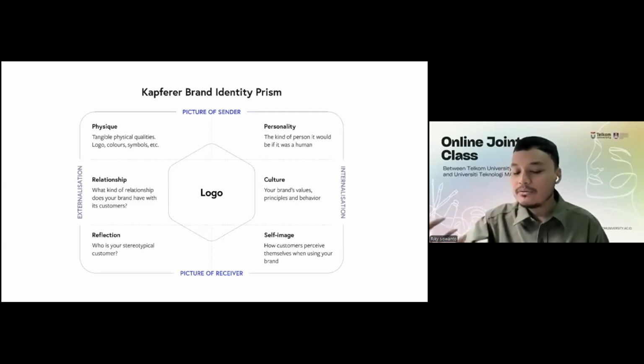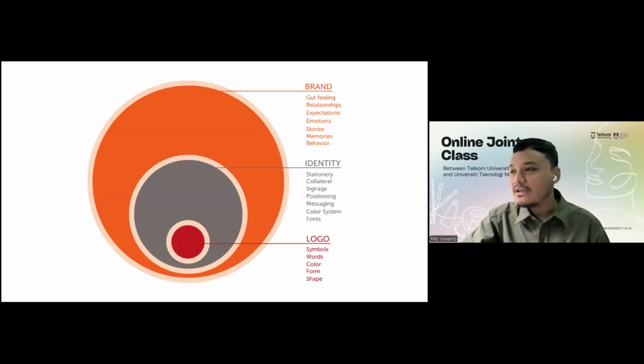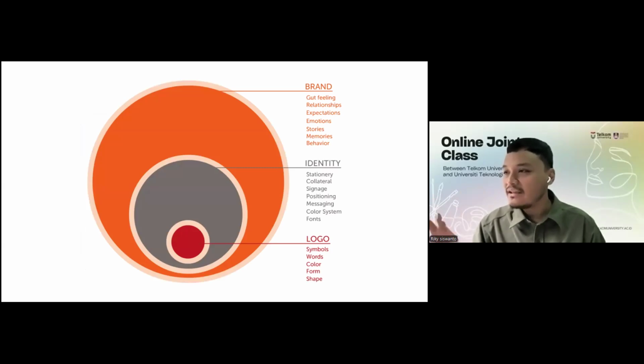So if we go deeper about the logo, how does it start? How can we have logos in our lives? Basically, it's always related to this: the logo is actually the symbol of something, and it's also part of the identity.